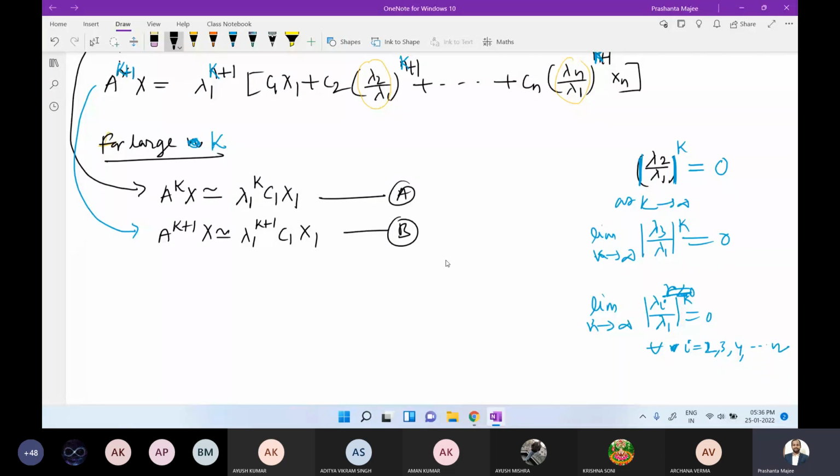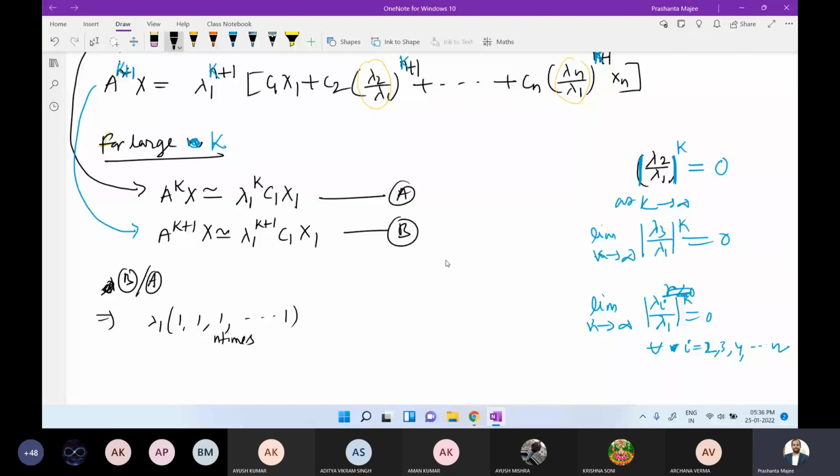So all components will be 1, 1, 1, 1, 1 on lambda 1 into 1, 1, 1, 1, 1. So B divided by A will give you lambda 1 into 1, 1, 1 up to 1. How many 1? N times.